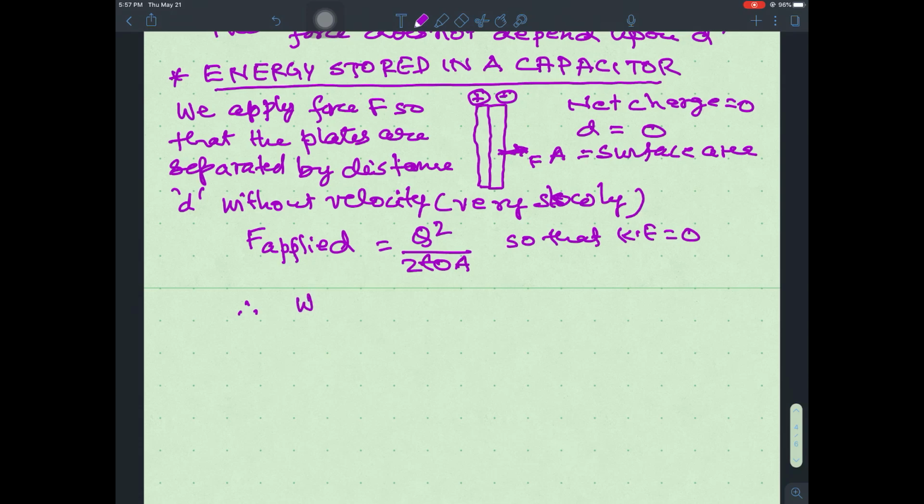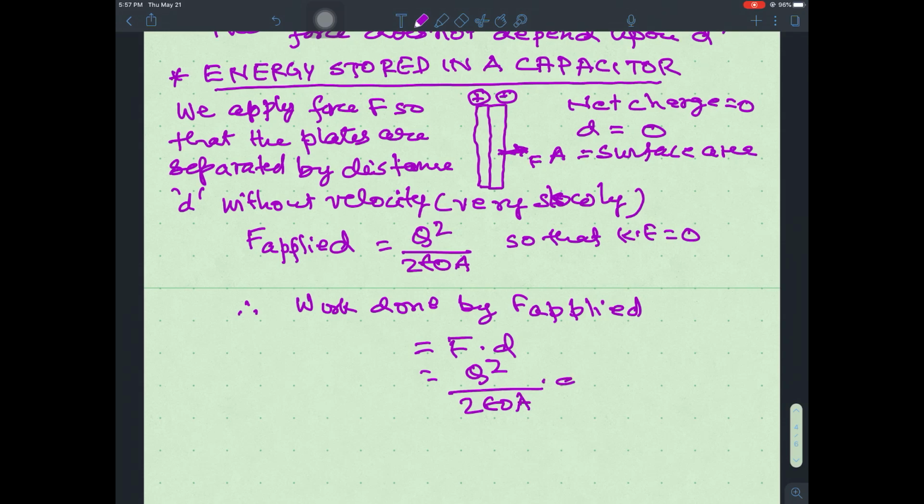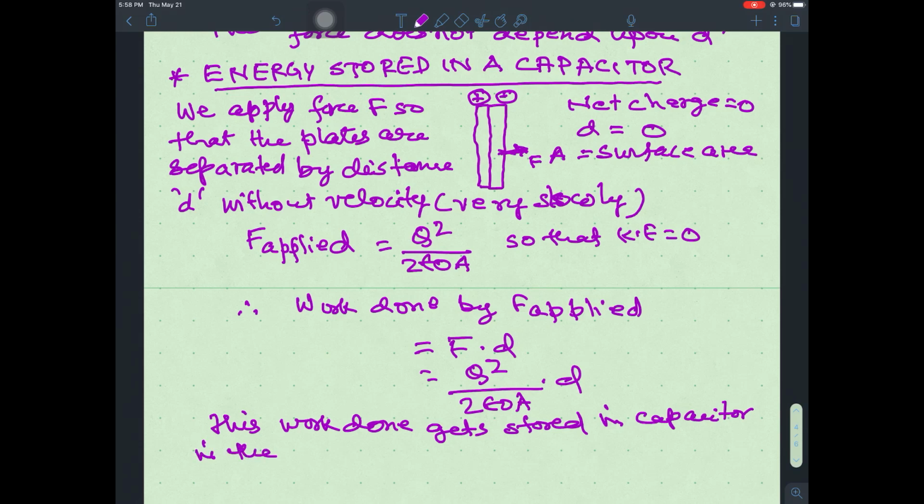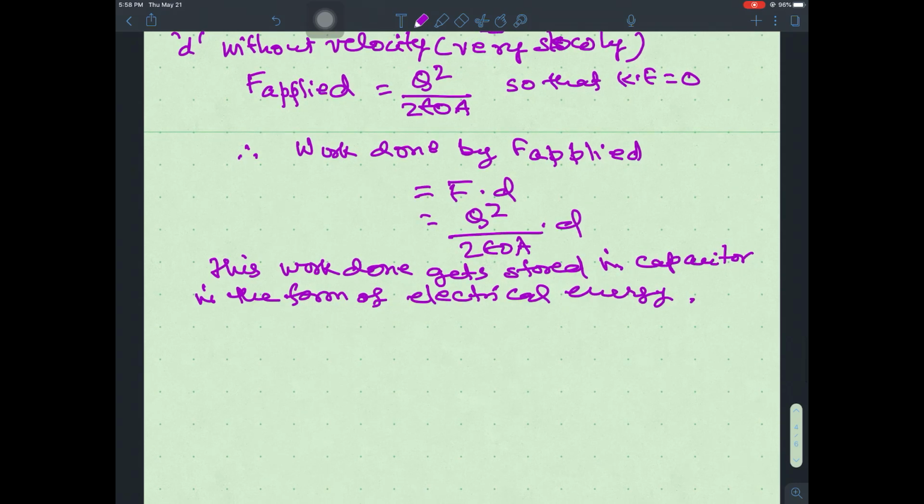Therefore, by the knowledge of mechanics, work done by the force applied is equal to force into displacement, that is Q square by 2 epsilon naught A into D. This work done gets stored in the capacitor in the form of electrical energy.